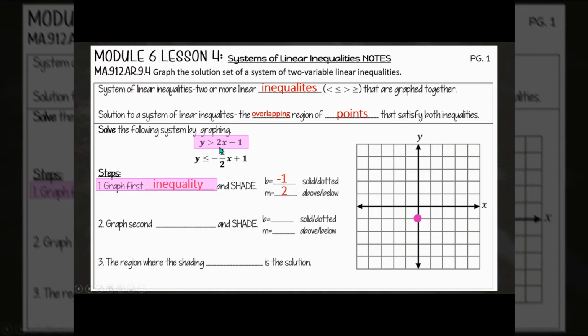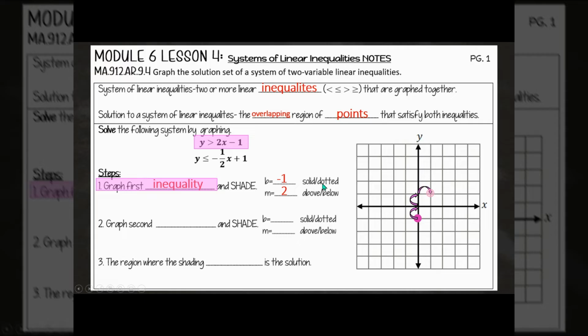And my slope of this inequality is 2. That's the coefficient, or the number in front of the x. So when I have a slope of 2, I have to imagine that I have this over 1. So I'm going to go up 2 from my y-intercept and go over 1 to the right for a positive slope. So this is my second point.